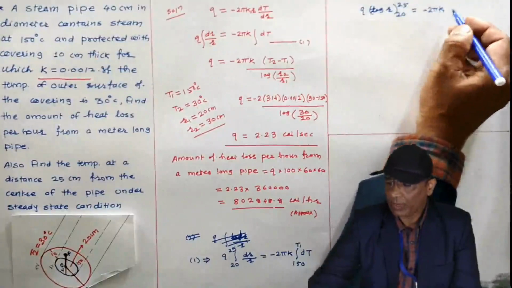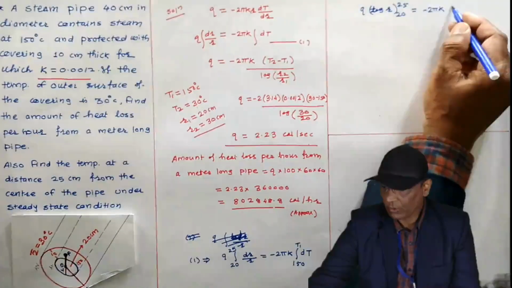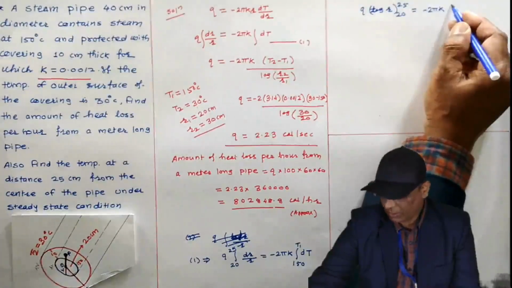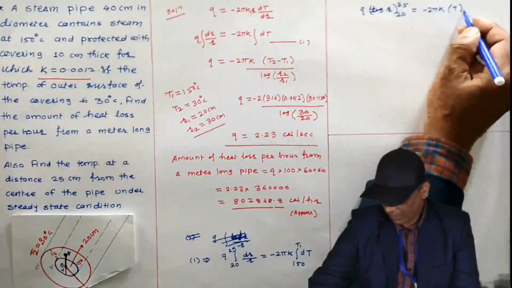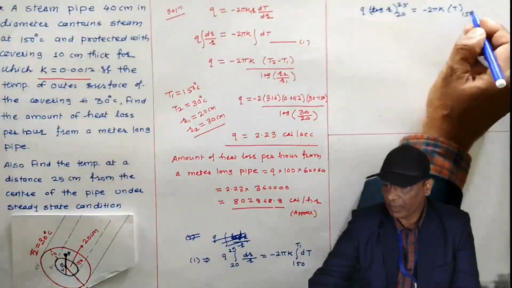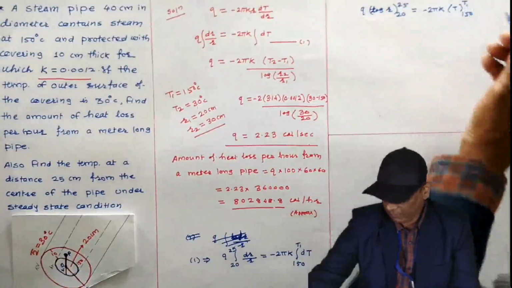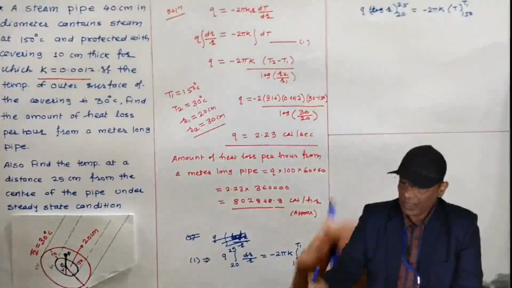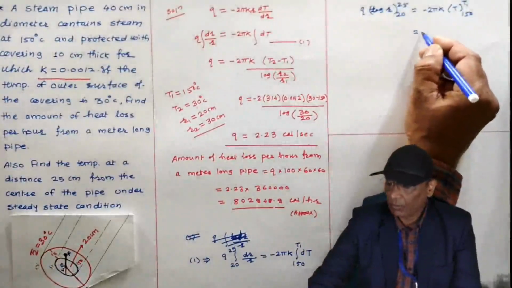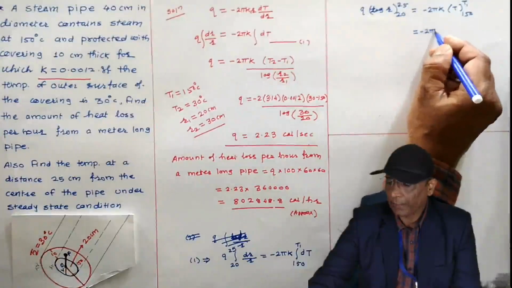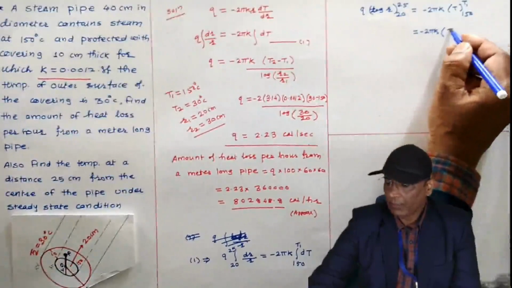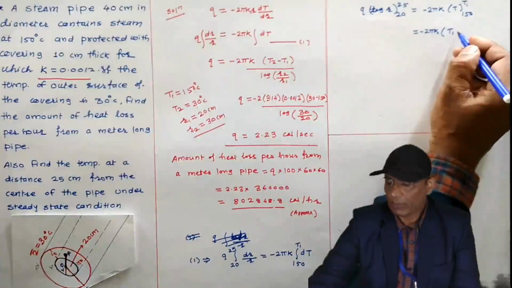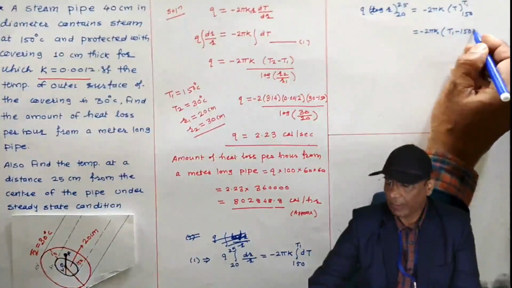You may put values of k and pi, it is fully dependent on you. Then integration of dT from 150 to T. You may call this T1 also. Temperature at R equal to 25 is T1. Now, minus 2 pi k times T1, the temperature at R equal to 25, minus 150.